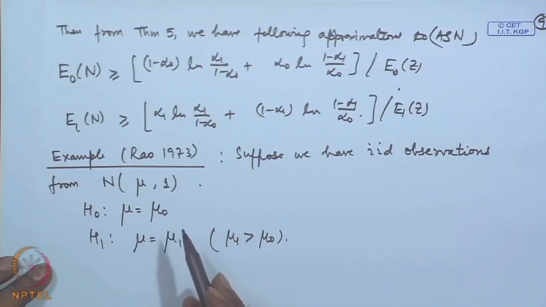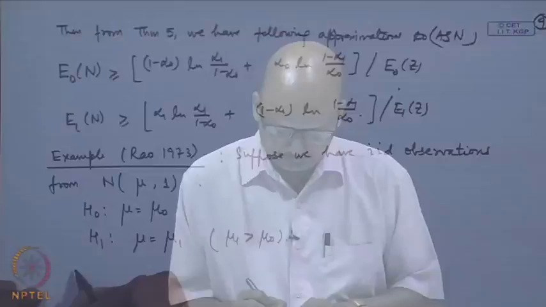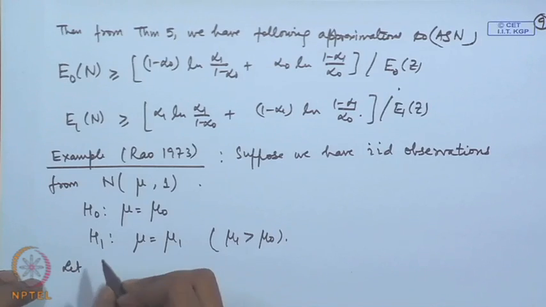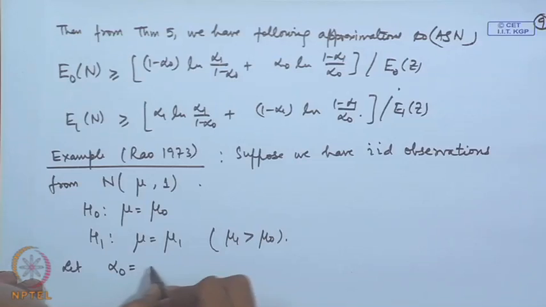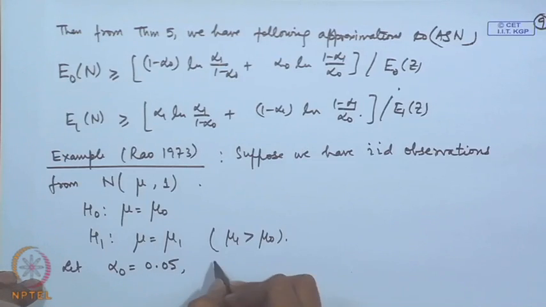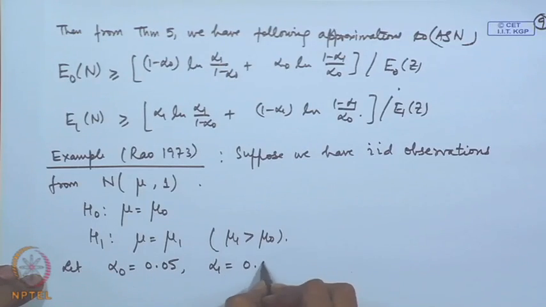Now, for this situation the most powerful test exists by the Neyman-Pearson lemma. So, let me write down the form. Let us take, say, the probability of type 1 error alpha naught is equal to 0.05, and alpha 1 is also 0.05. The probability of type 1 error and type 2 error I am fixing both.